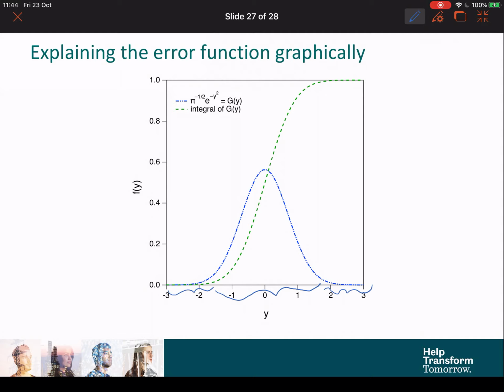Okay, this integral is quite similar to our error function, but not quite, because the integral is, again, going effectively from negative infinity to positive infinity on the y-axis, whereas the error function, we've chosen to define it from just 0 to infinity.